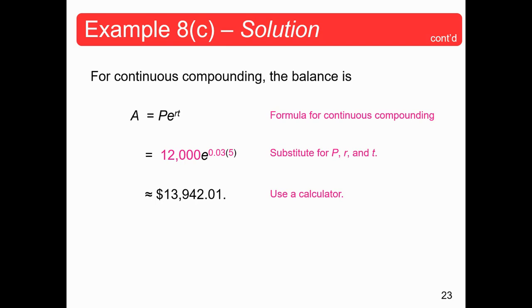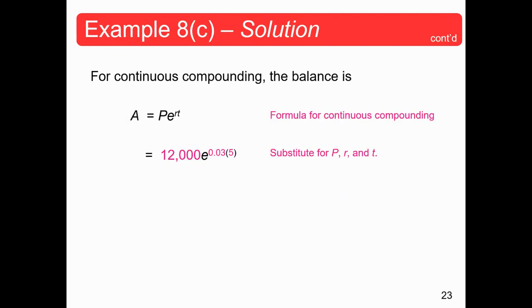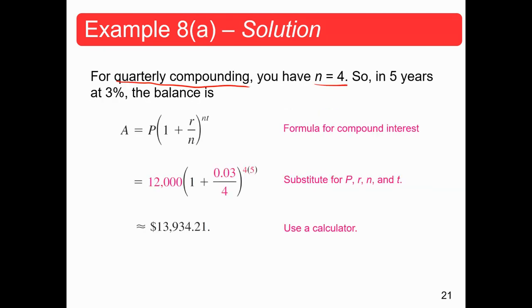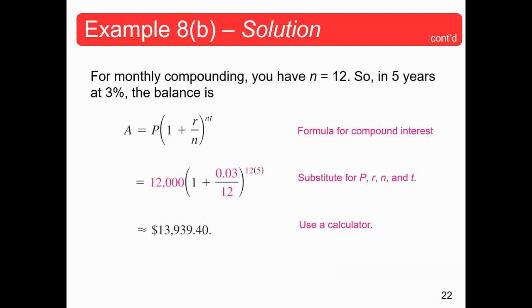The more you compound, the better the interest you get. So in this situation, it's going to be the continuous compounding. Notice it's 13,942 versus 13,939. So you made a few more bucks with the higher compounding interest.